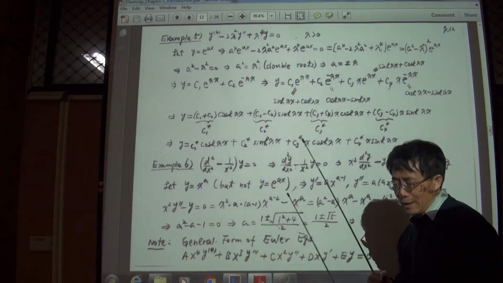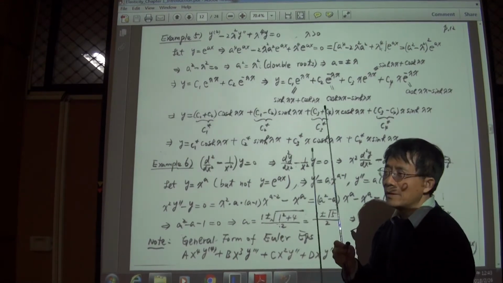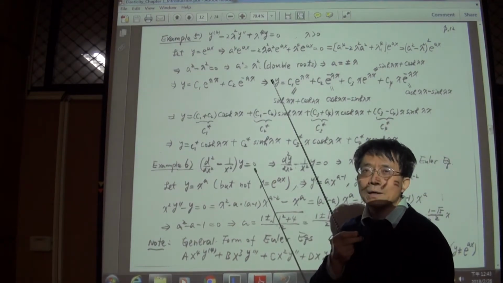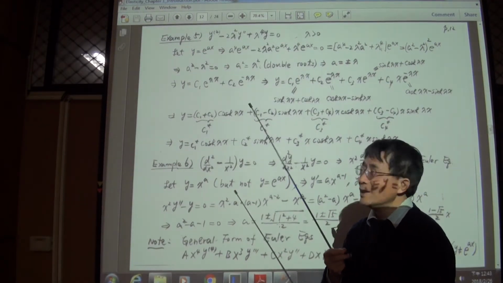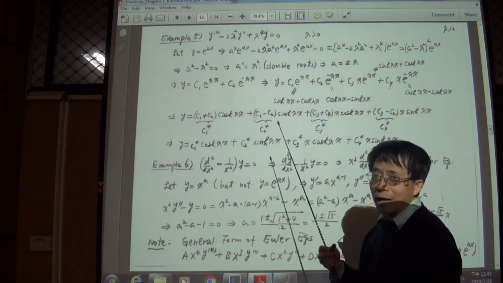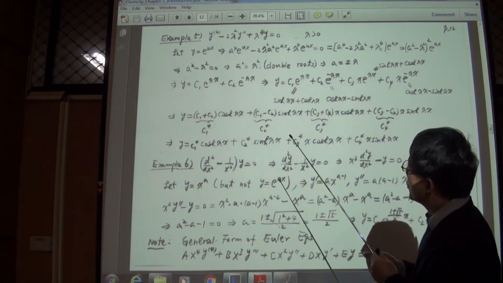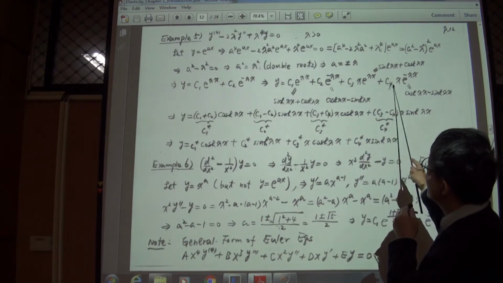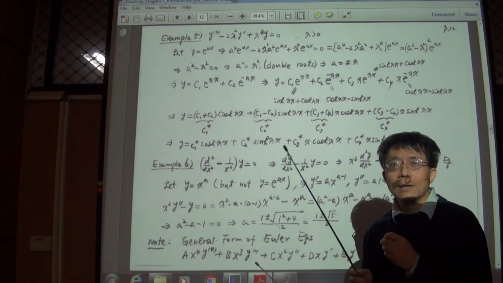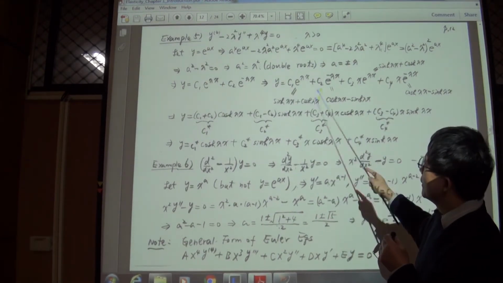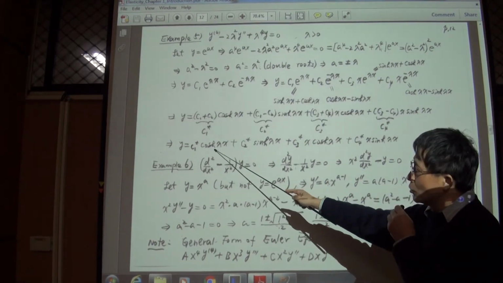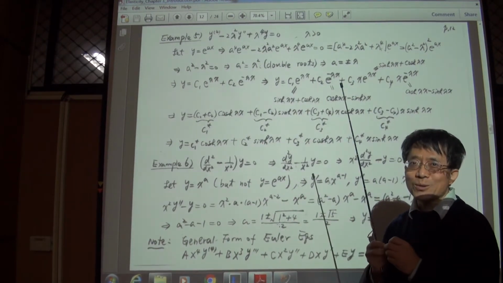I don't know why. Maybe they like to have functions similar to the sine and cosine functions. So they use the hyperbolic sine and hyperbolic cosine here. If you write your solution like this, it's completely okay. It is a correct solution. But the other solution is more popular.